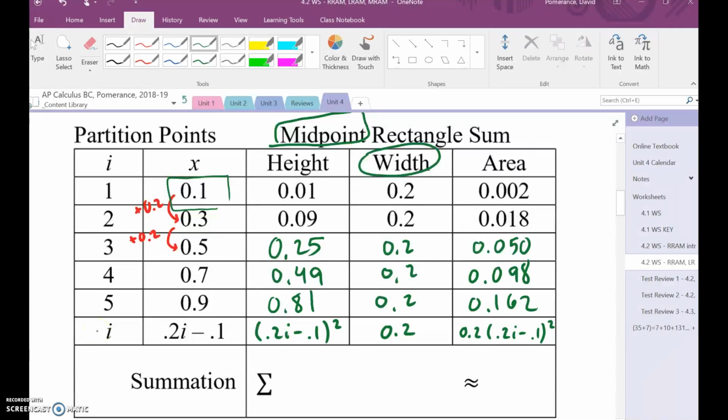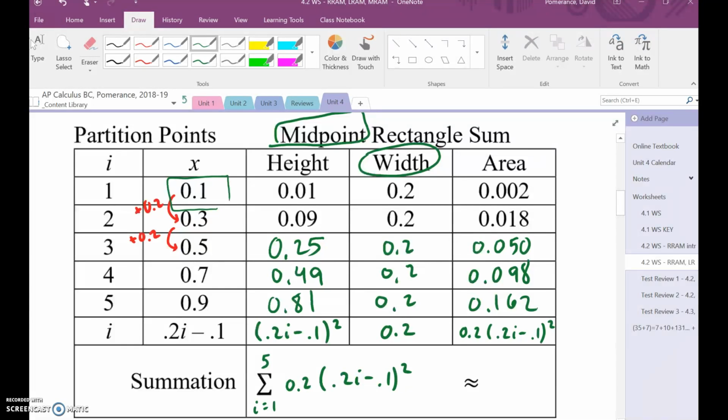Okay? And so we want i to start at 1 and go to 5, because we have 5 partitions in this problem. And we're going to say 0.2 times (0.2i minus 0.1) squared is what we're adding up. And again, you can use a calculator for this. You can either manually type in each of these 5 numbers, or you can type in the summation notation.